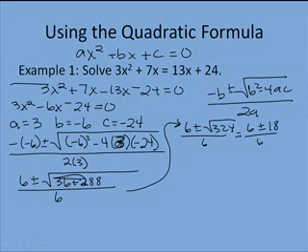So now this gives us two solutions. We have 6 plus 18 over 6, and we have 6 minus 18 over 6. So 6 plus 18 over 6 is 24 divided by 6, so x equals 4. And this one here, negative 12 divided by 6, so x equals negative 2. And those are our two solutions.